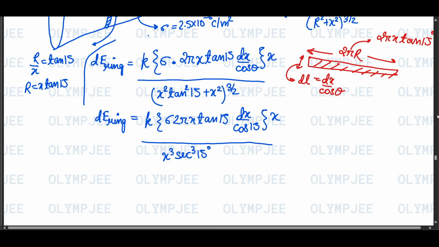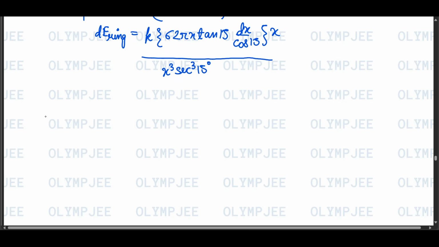And now we can integrate this to find the total electrostatic field. So this will become, taking out the constants, we will finally get this.